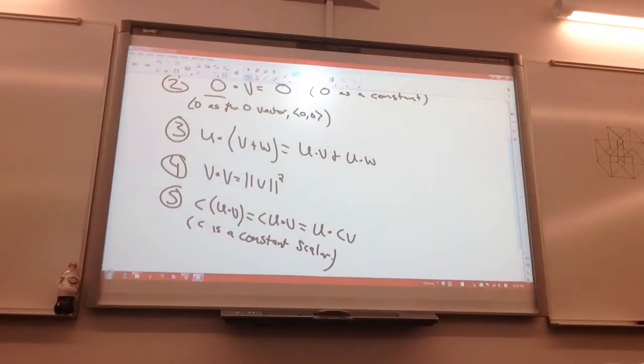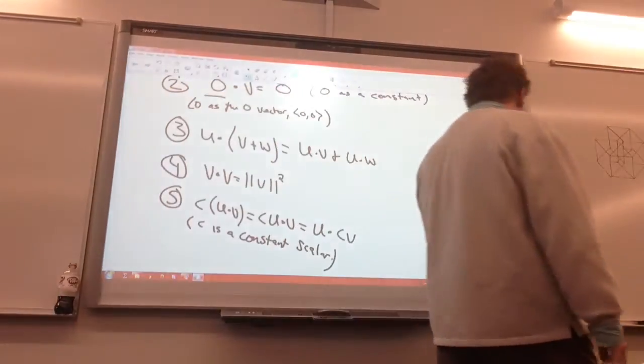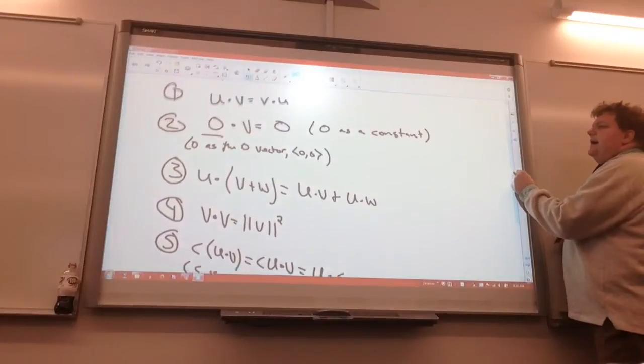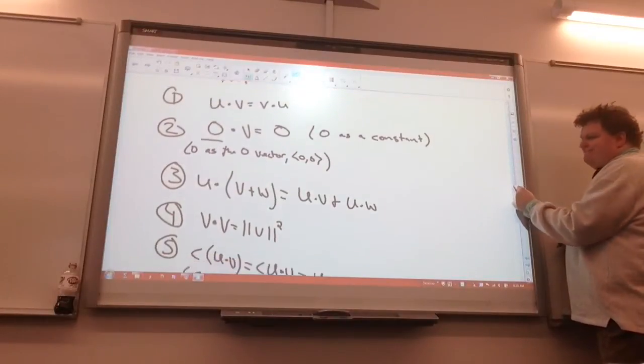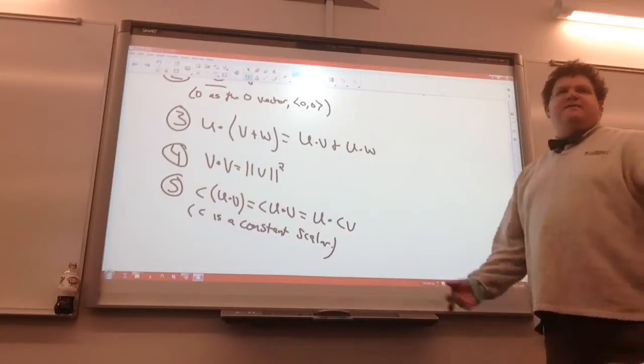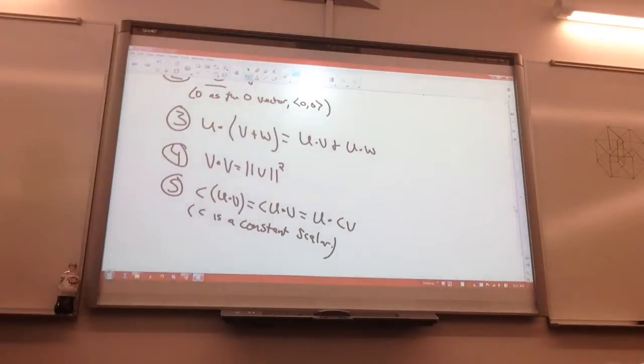All right. And so that is basically everything there is to know about the dot product. It is fairly straightforward. How would that show up on a test? Would you just be testing us directly on that? No, I would just have problems saying find the dot product of two vectors, and I might throw something in here that can be a property, and if you recognize the property, you can quickly figure out the answer.